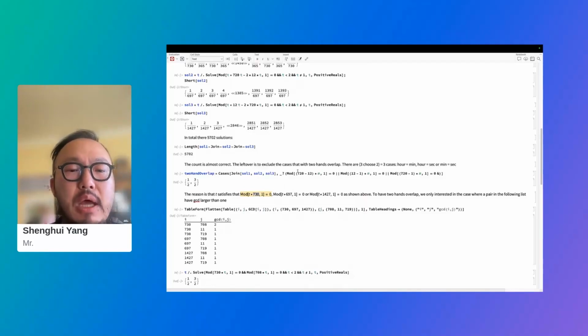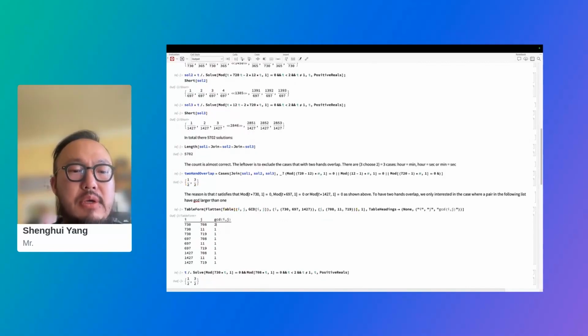If they are not co-prime, that means some divisor will show up. When a divisor shows up, it means we have some sort of two hands overlap, and it must be excluded. You can see that 730 and 708 have a greatest common divisor of 2, which is exactly the denominator here.